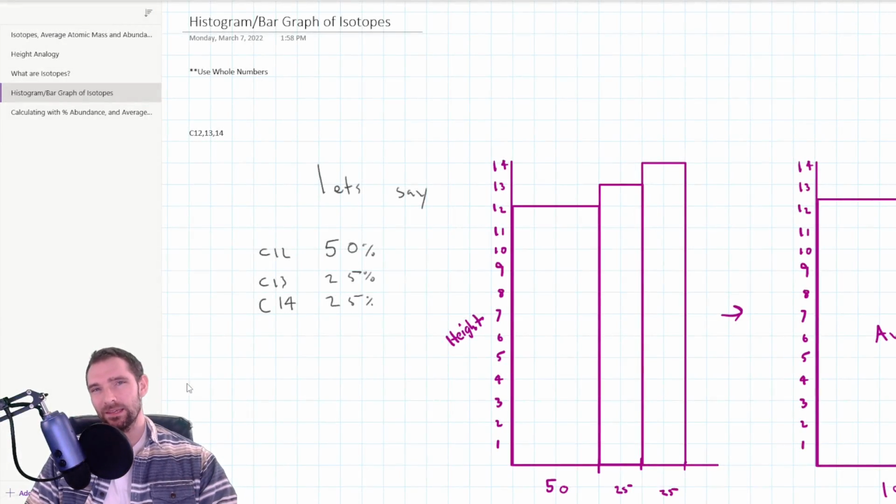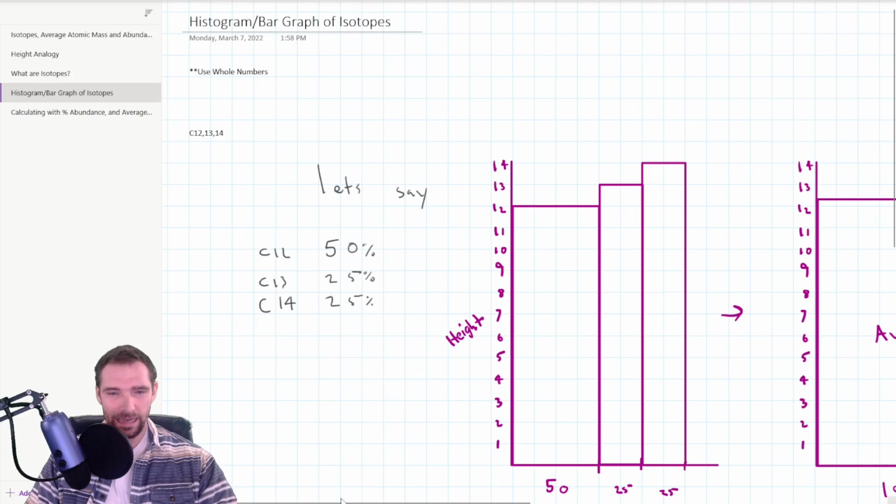There's another way to think about these average calculations. If you're struggling with the math, this just shows it visually. So if we had our problem earlier where we were talking about heights, like the 12, 13, 14, and 12 was 50%, 13 was 25, and 14 was 25.